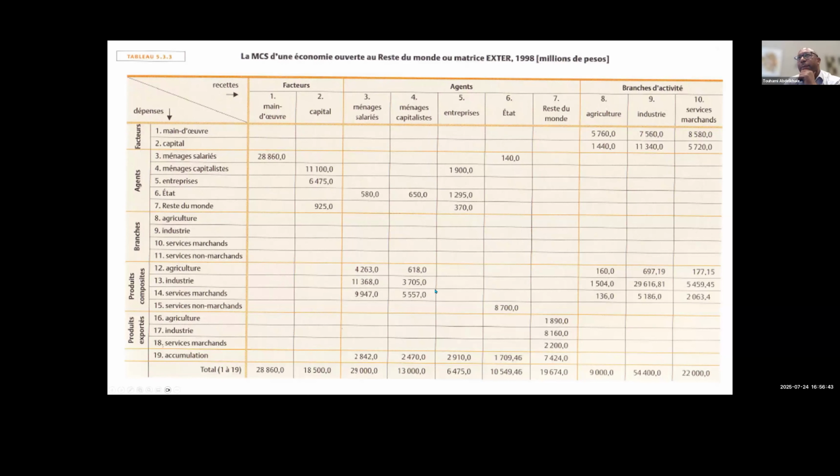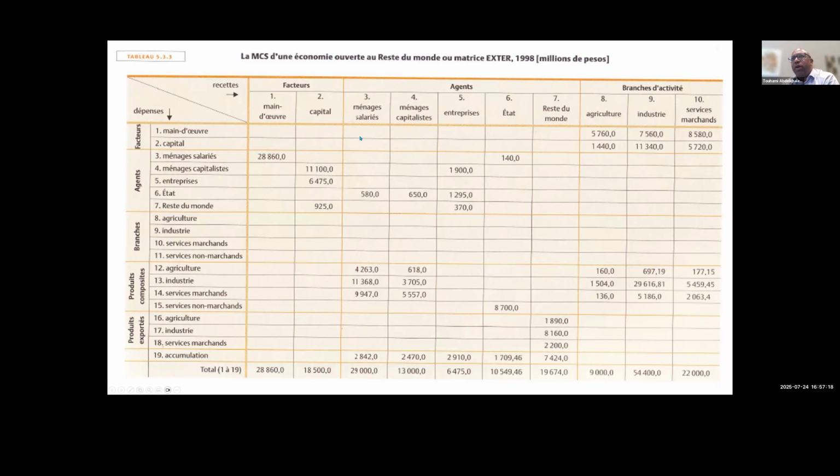This is the SAM of the external model, from the book. What we are concerned with in this model is labor, capital, salaried households, capitalist households, firms, government, rest of the world, and activities. I will come back to it. And here we are looking at this column, or this one, or that one.